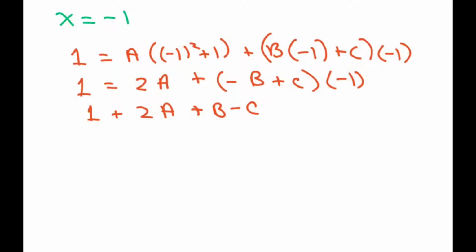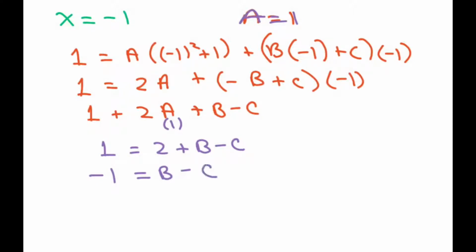Now we already know that A equals 1, so plug in 1 here. You get 1 equals 2 plus B minus C. Therefore, negative 1 equals B minus C. So what we want to do is solve using a system of linear equations.